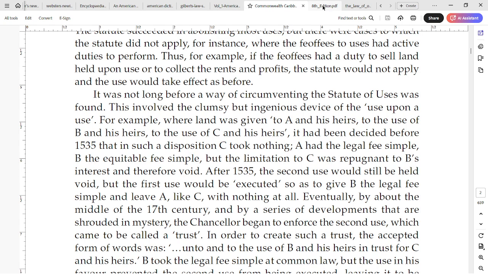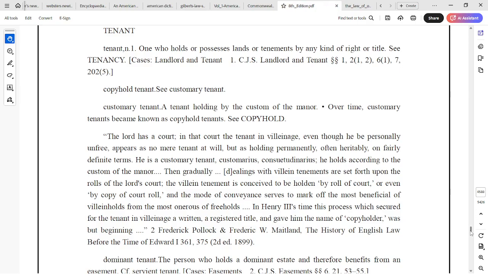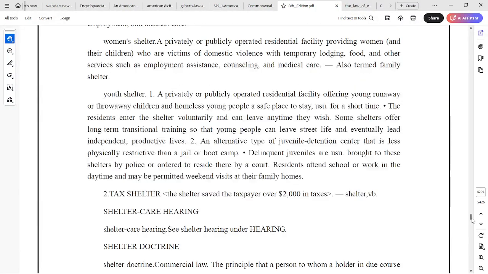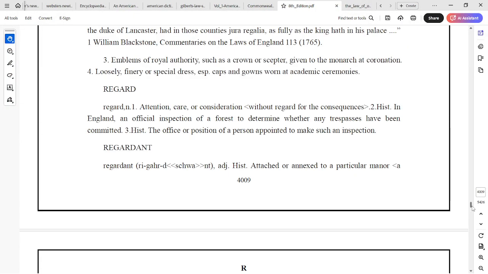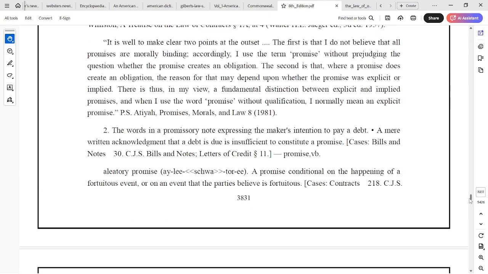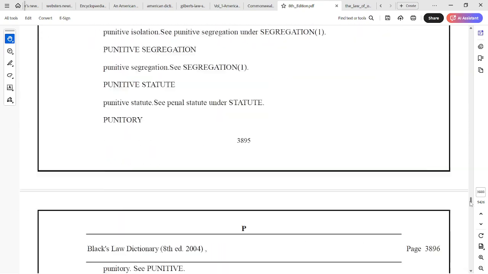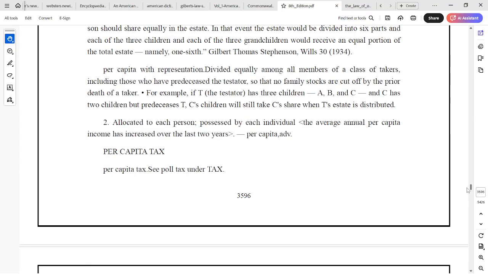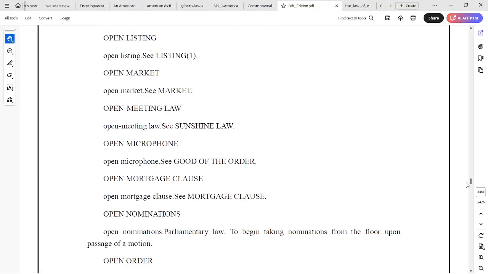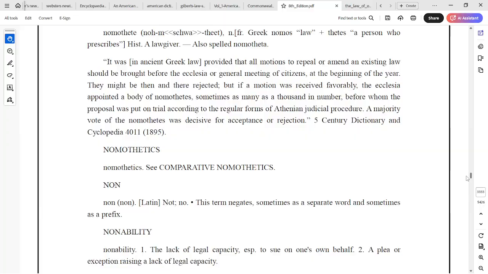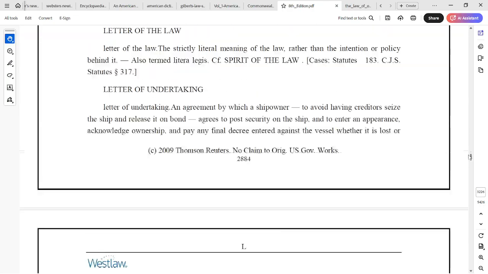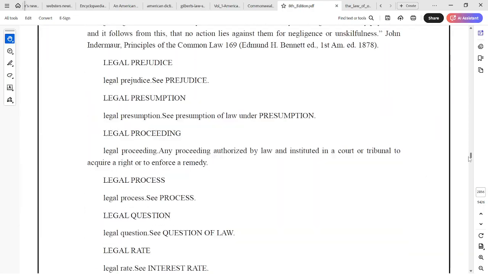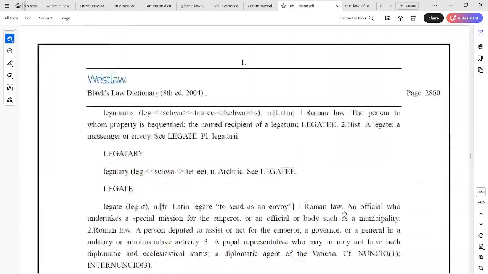Let us look up the definition of limitation. Now, we have a statute of limitation, right? But let us look up the definition of limitation. So we go into Black's Law Dictionary. Right, so let's look up limitation.